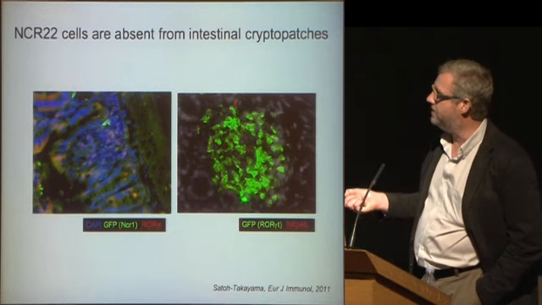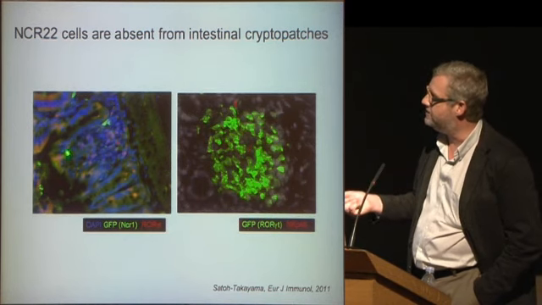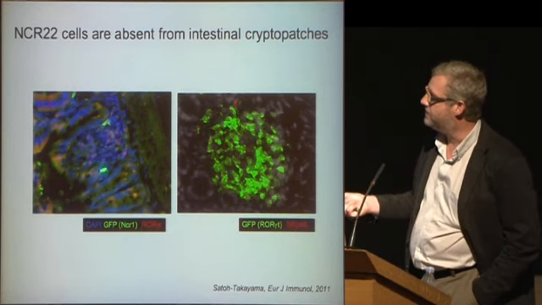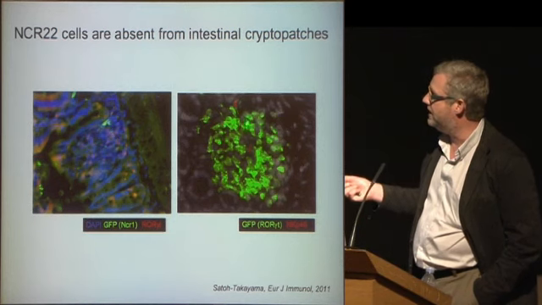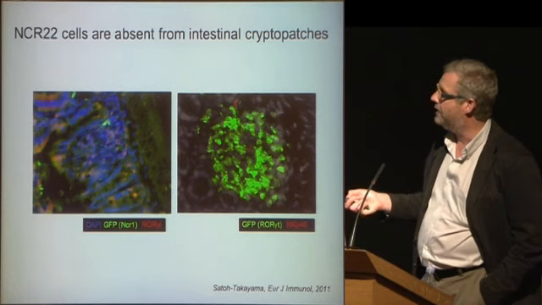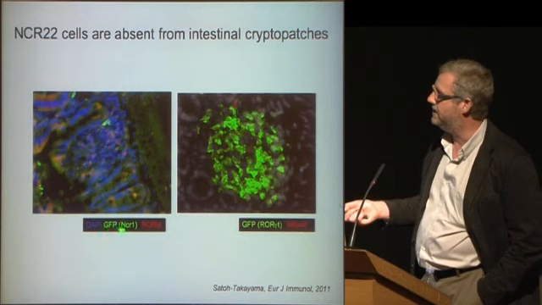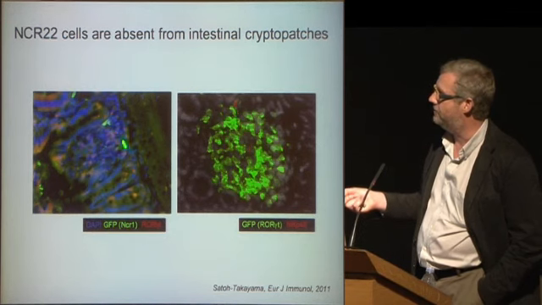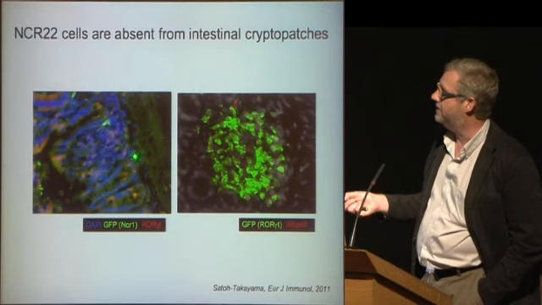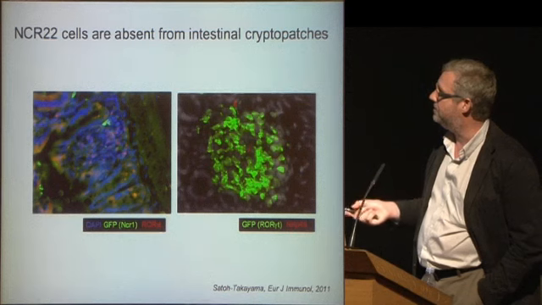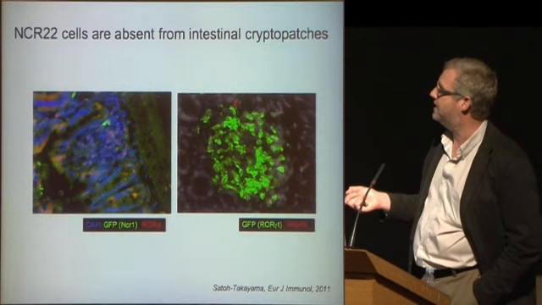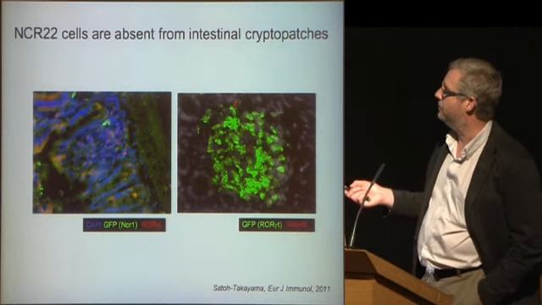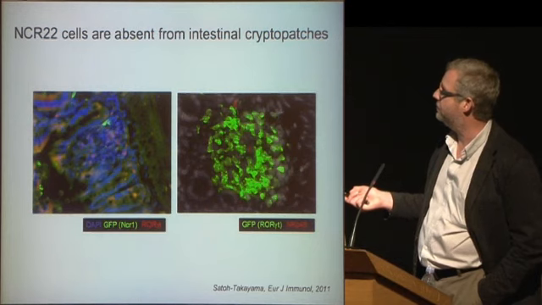And in both cases here, you can see that you have an abundance of these RORgamma t positive cells here in red, here in green, but quite an absence of the NKp46 positive cells, so very few NKp46 positive cells expressed in these patches, which are pretty much by definition the cryptopatches that are the precursors for those isolated lymphoid follicles.